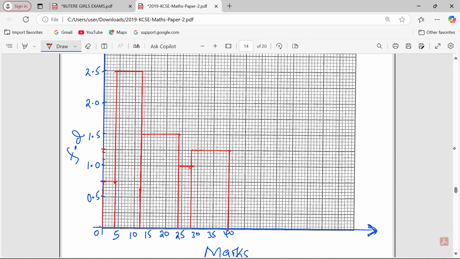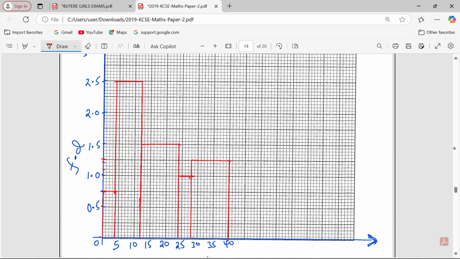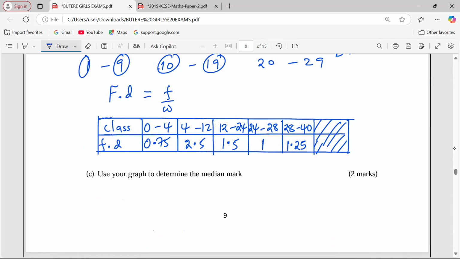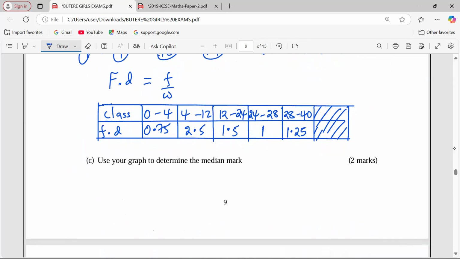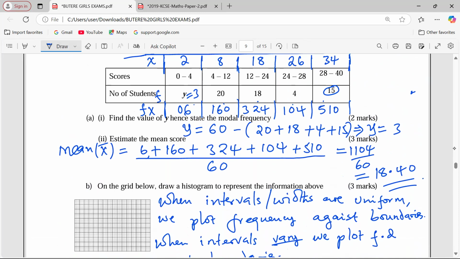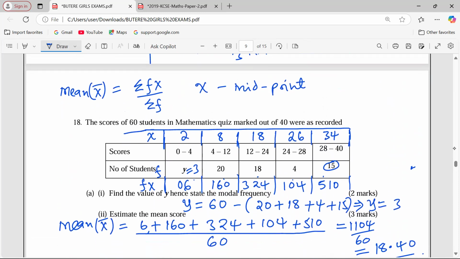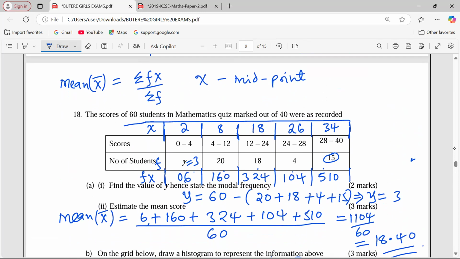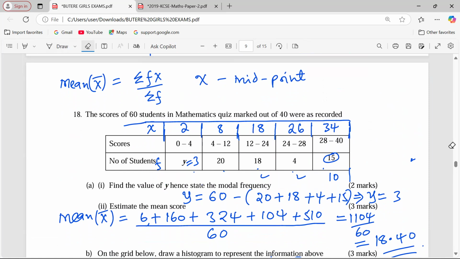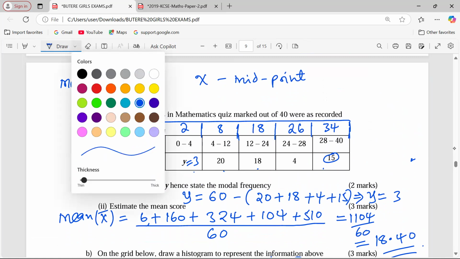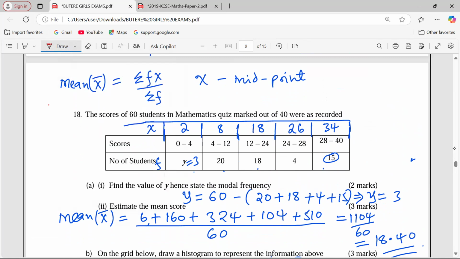After this, we are taught to use this histogram to estimate the median. Before we get the median, we're supposed to get the median class. So we are going back to our data and we come up with cumulative frequencies, CF.